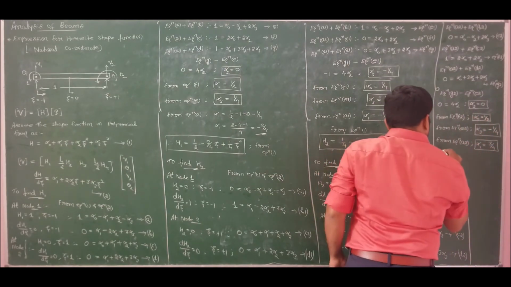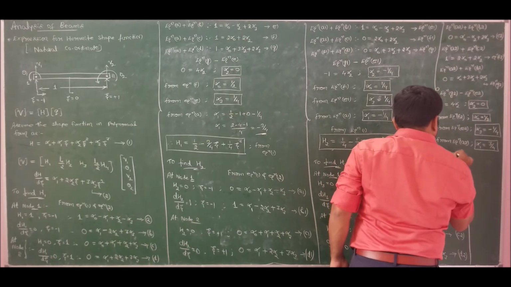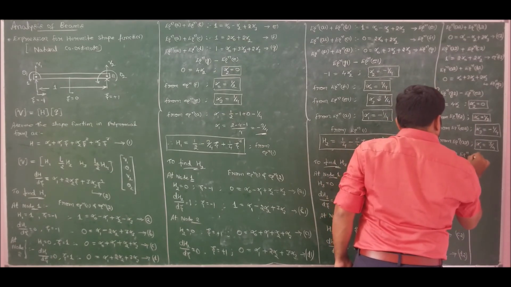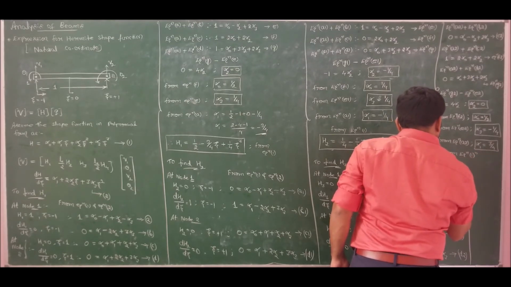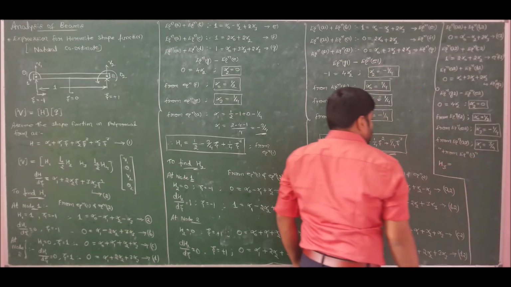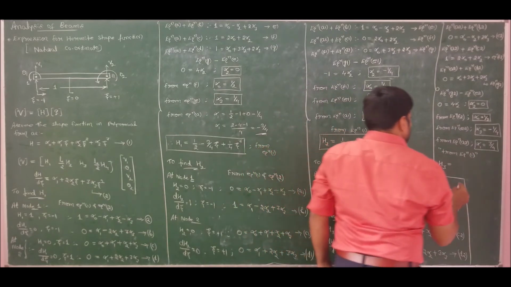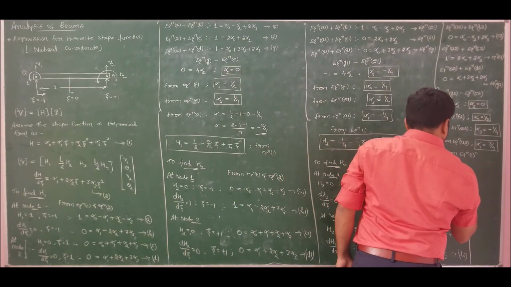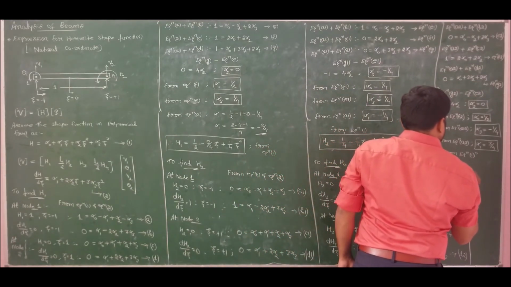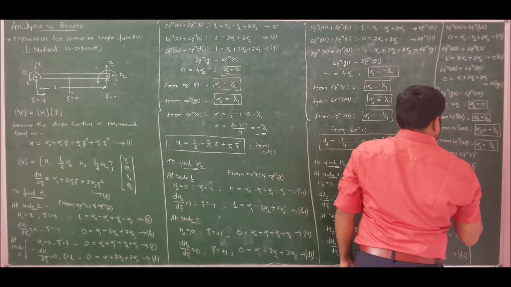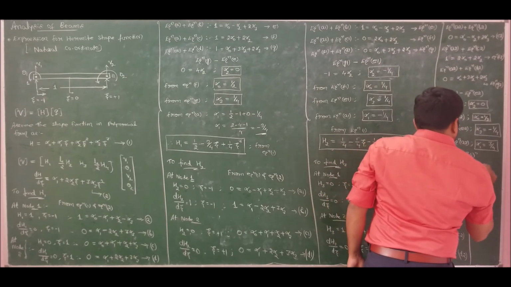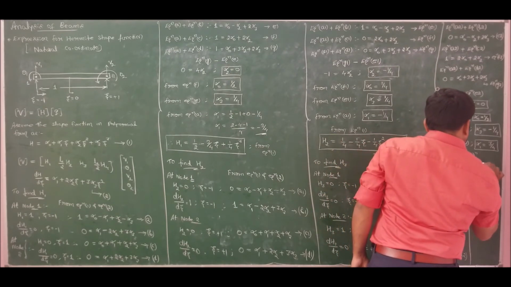Hence, from equation 1, shape function h3 is equal to alpha naught is 1 by 2 plus alpha 1 is 3 by 4 zeta plus alpha 2 is 0 minus 1 by 4 zeta cube.